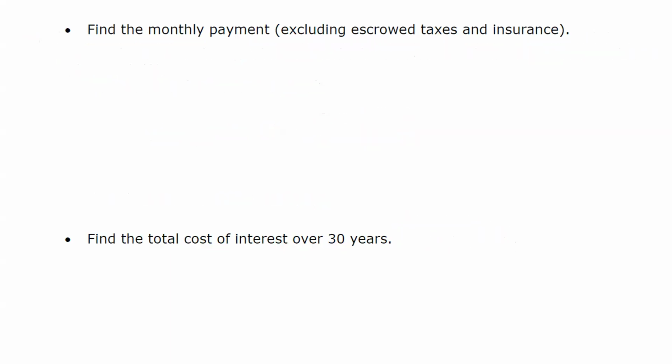So next we are going to find the monthly payment excluding the escrow taxes and insurance. Okay. So we know P is 176,000. We know R is the 4%, which is 0.04. We know N is 12, and we are getting a 30-year mortgage.